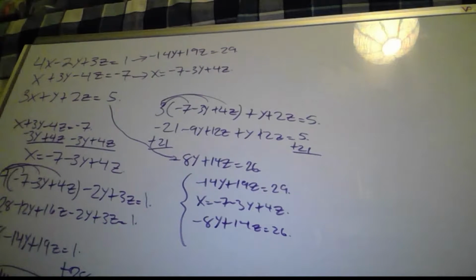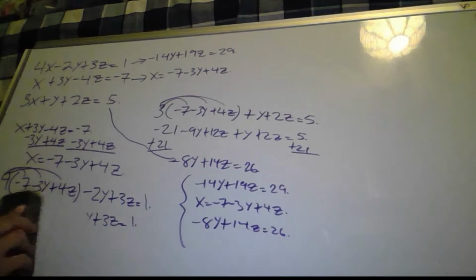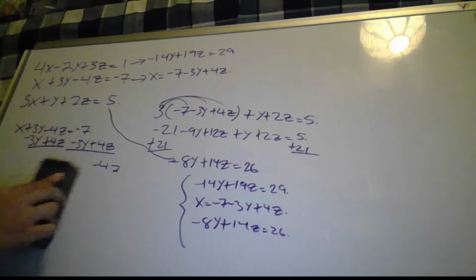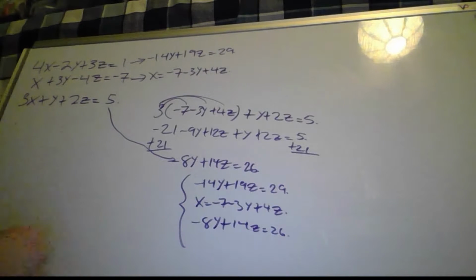Now, since this is by substitution, we can solve for, so basically the one that says x equals, we don't have to worry about that one anymore because it's just x equals.